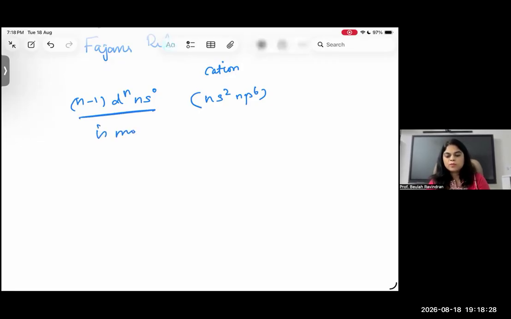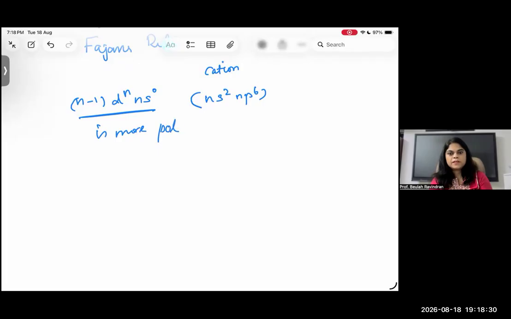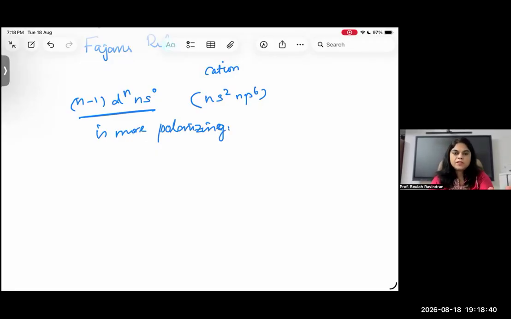I mean, it shows more polarity. Got it? More polarizing than the ion with the noble gas configuration. Clear? So, just keep this in your mind.